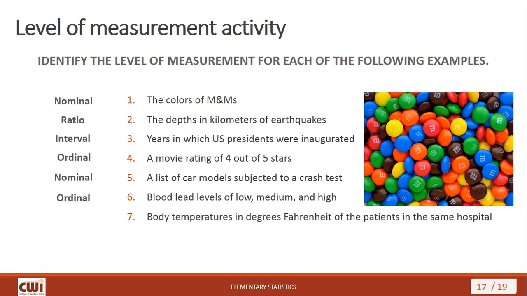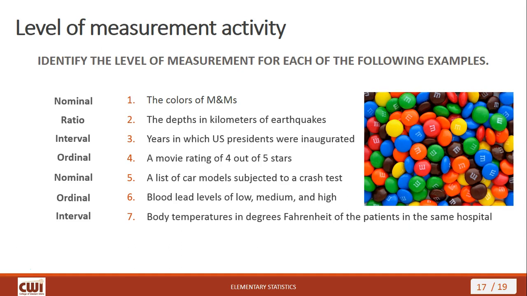Body temperatures in degrees Fahrenheit of patients in the same hospital. What level of measurement do we have here? I'll give you a few seconds. Okay, here we have an example of interval level of measurement. Body temperatures in degrees Fahrenheit. It's definitely numerical, you're definitely measuring quantity of something, and there's a natural way to order it, but there is no natural 0 point with degrees Fahrenheit.